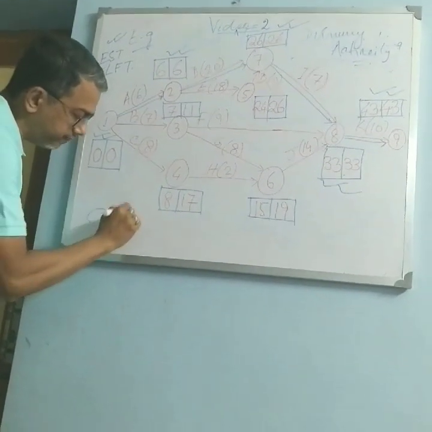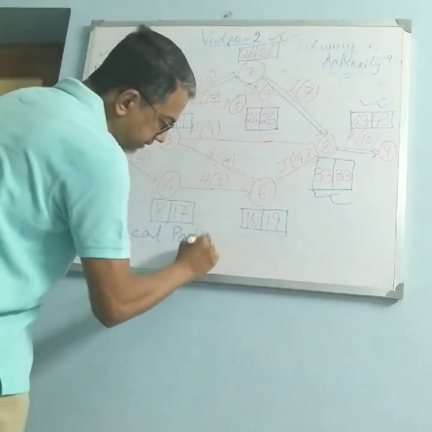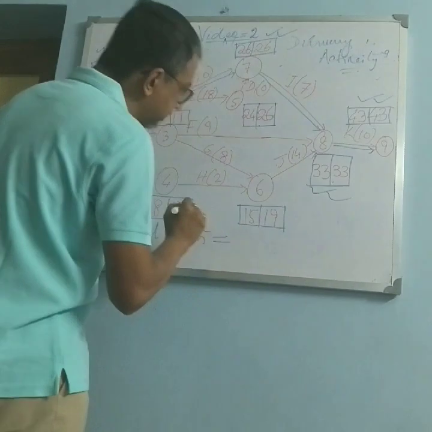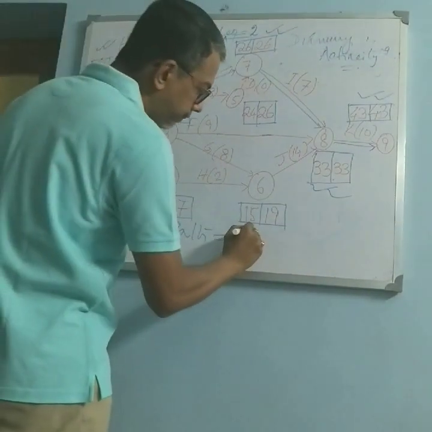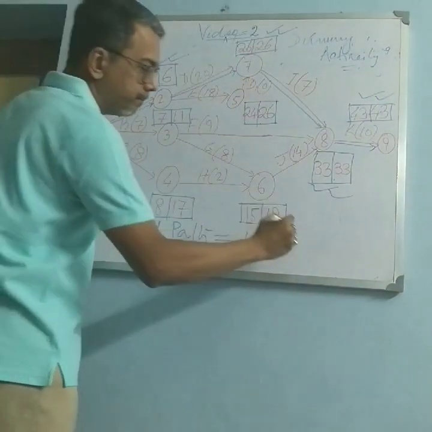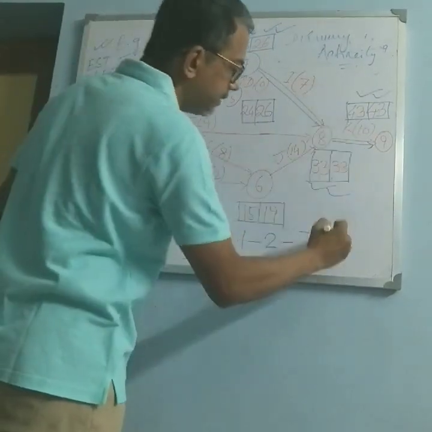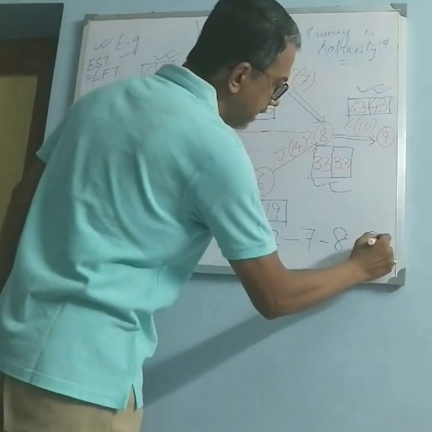So what we will write? Critical path, that is the shortest path, is equal to 1, 2, 2, 7, 7, 8, 8, 9.